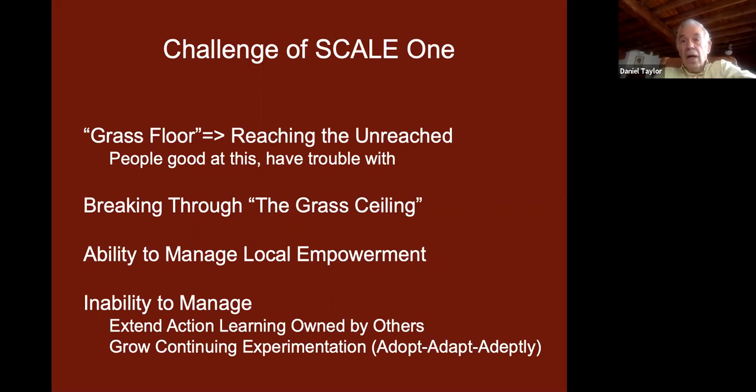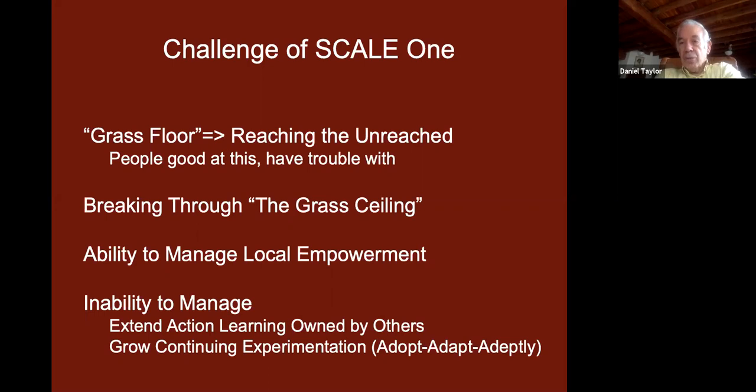Many of you, I am sure, are good at community mobilization. Many of you in your papers and descriptions of your seed have described your ideas and your experience at breaking through the grass floor and reaching the unreached.